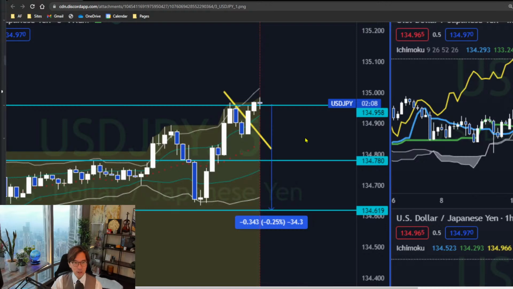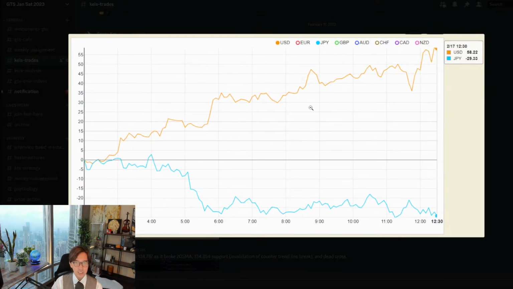And actually I was also seeing some other pairs trending. I think there were 2 other pairs trending at the same time, but I also checked the strength chart. This is the currency strength chart, and I was watching the strengths to be the best on the USD and the JPY.